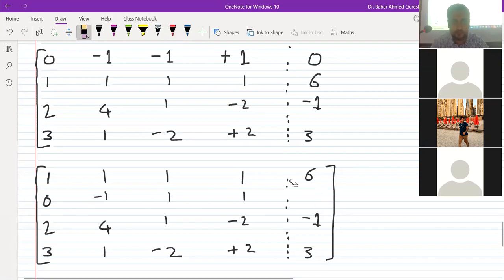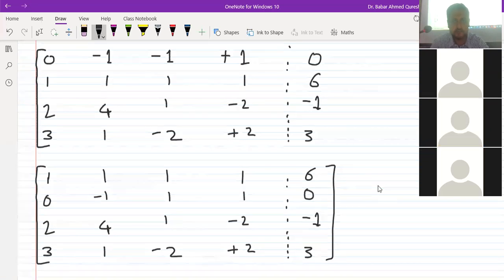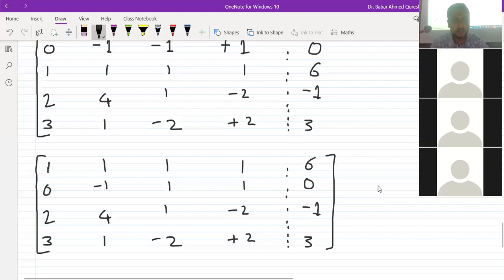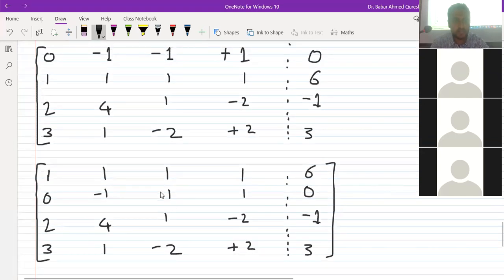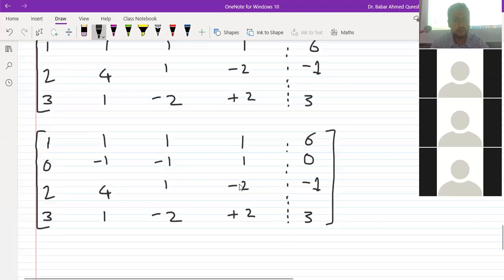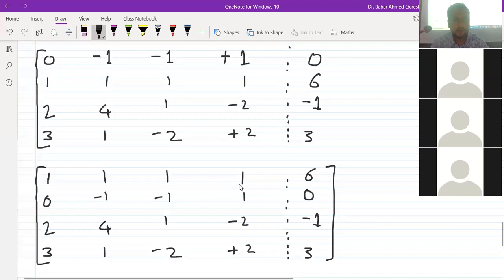I'm hearing you through speaker, so that's why I'm having problem. There also should it be -1? The third column in the second row. It's a -1, thank you. Yeah, now I think we are fine.